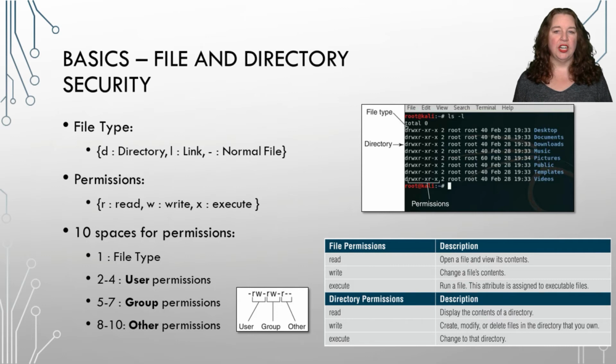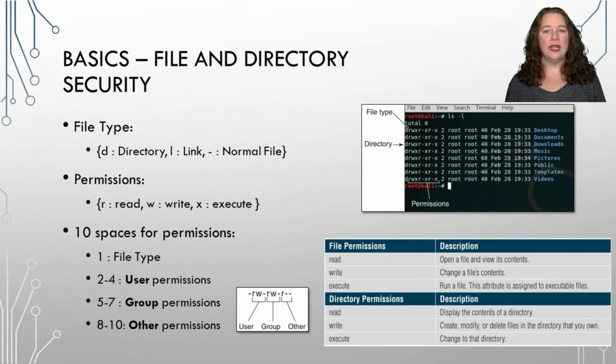So the example here that's in black in the section where it says file type and directory, the permissions read, write, execute for the user are all there. But the second is for group permissions, and the third is for other permissions. The group does not have write permissions, r-x. That means they can read it, they can execute it, but they can't write it. And the other permissions, r-x, is read, can't write, but can execute.